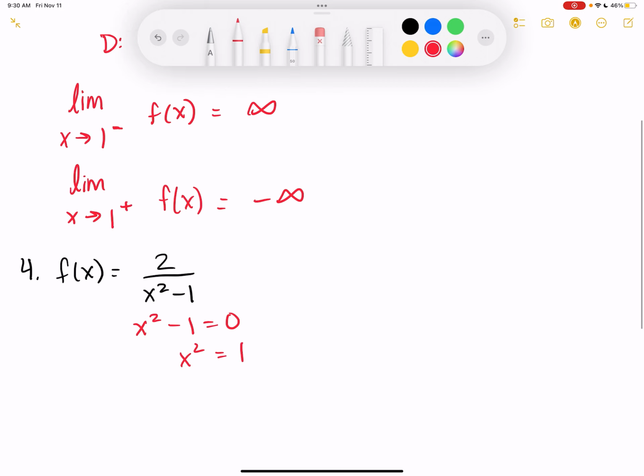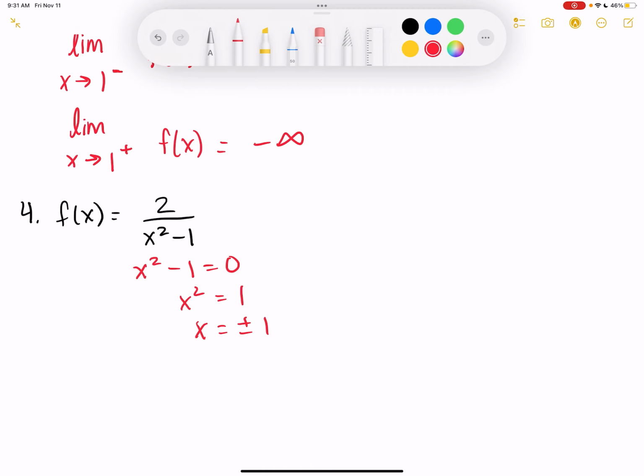So x equals plus or minus 1. So it's all values except for -1 and 1. So I've got to do negative infinity to -1, not including, union -1 to 1, not including either, union 1 to infinity. So that gets rid of -1 and 1, but gives you everything else.